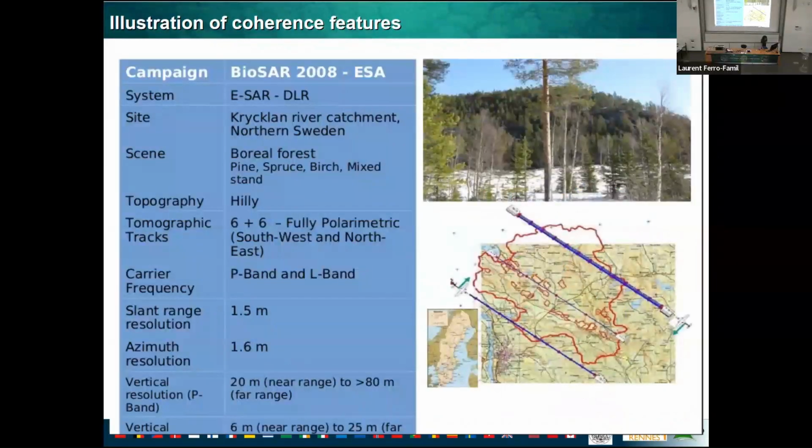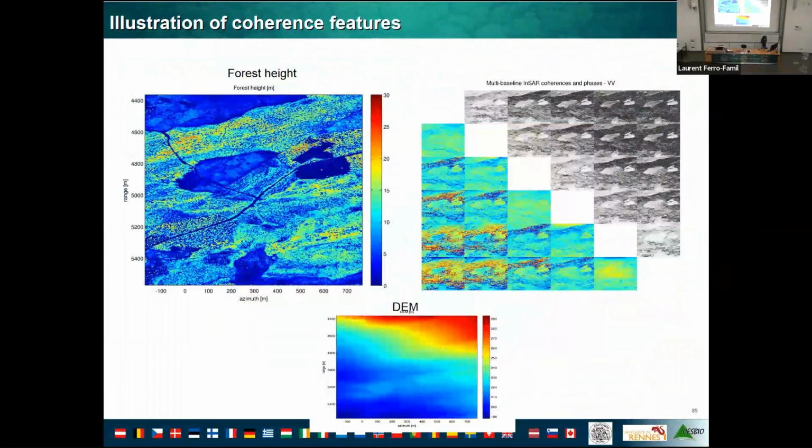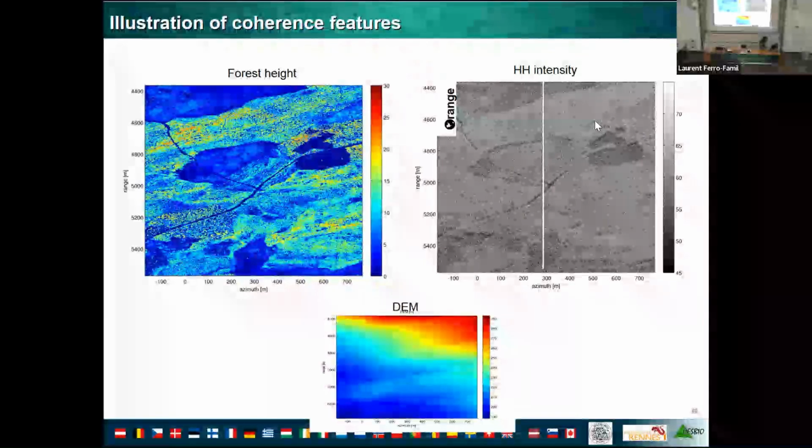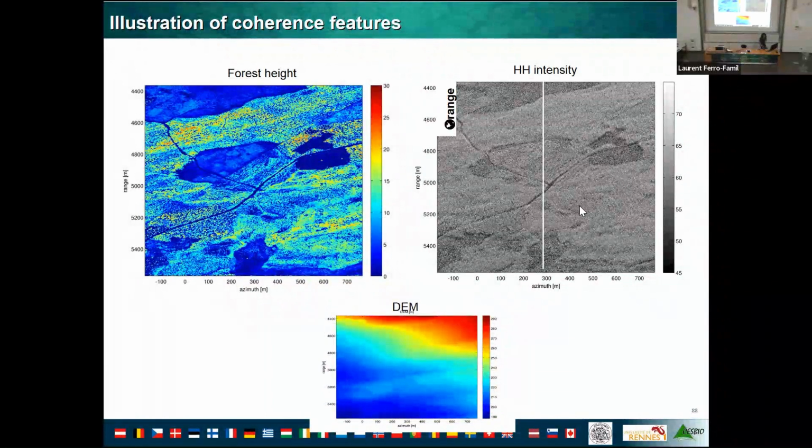Okay, same experiment, and now this is this Swedish site where you have this amplitude image of the forest. So when you look at this, what can we get only from intensity? We know that here it's likely that there are no trees, and the rest looks very homogeneous. Okay.